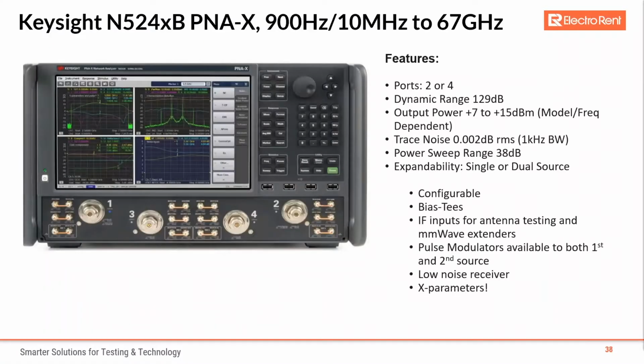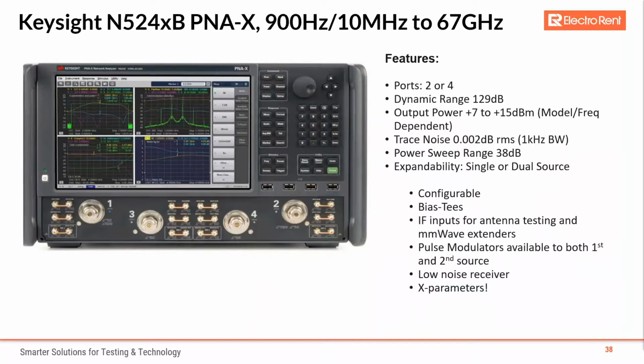Probably the first one to start off with is the Keysight PNA X series vector network analyzer, the N524X B or A series as well. These are very popular in a lot of industries, can come in 2 or 4 ports and have a good dynamic range and output power capability.